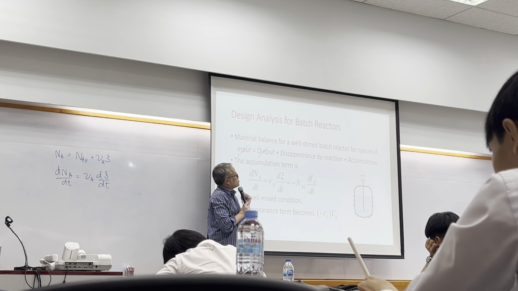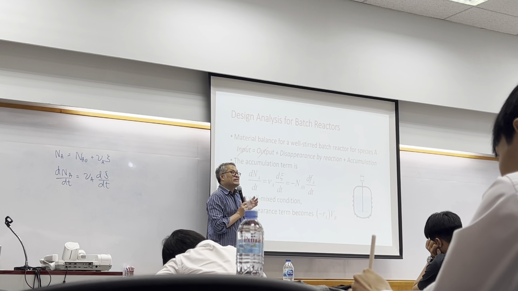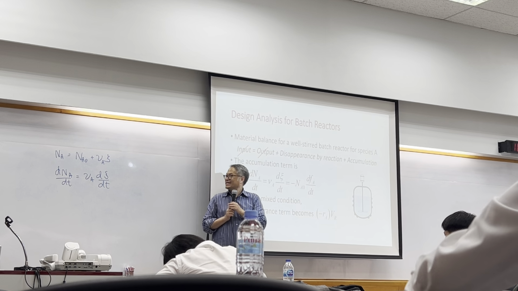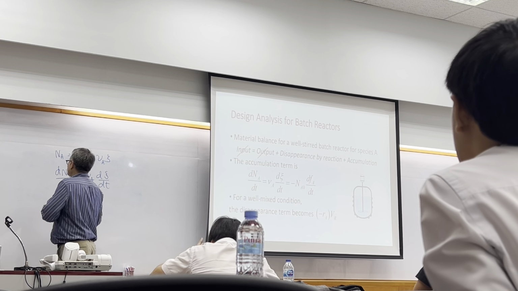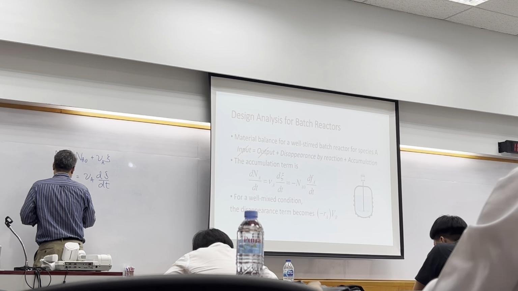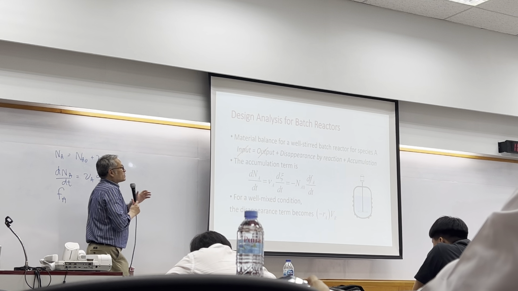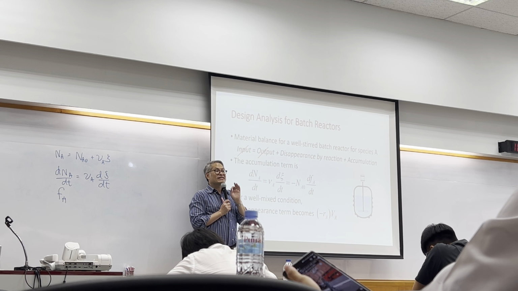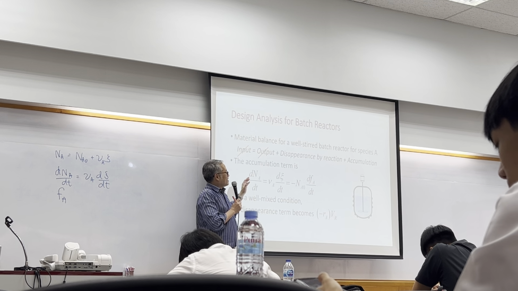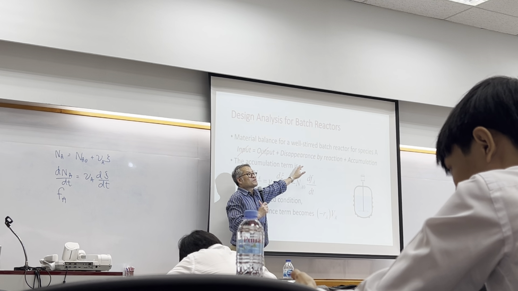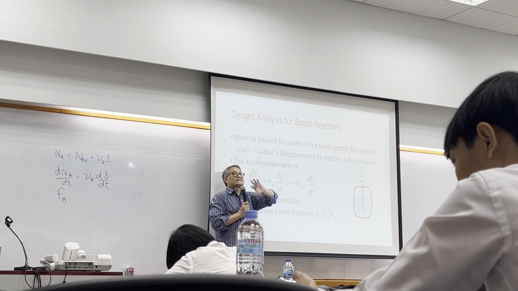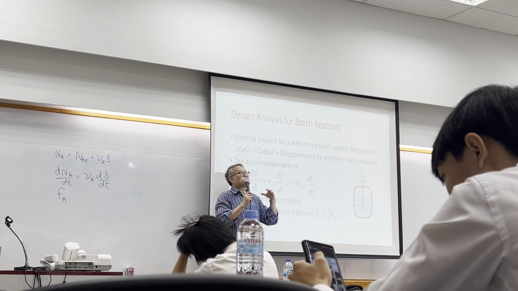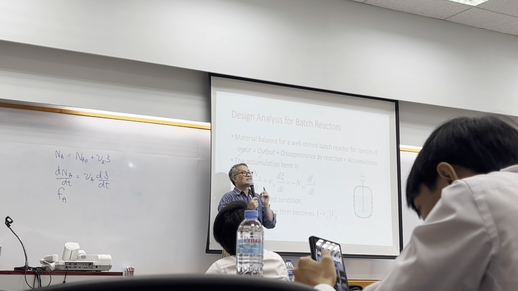But usually when we do reactor design, we deal with conversion. Remember conversion? When we deal with conversion, we need to identify the limiting reactant first. If we assume that A is the limiting reactant, we can deal with F_A. If there's one reactant in the reaction, then that is the limiting reactant. But if there is more than one, you need to find out which one is limiting.